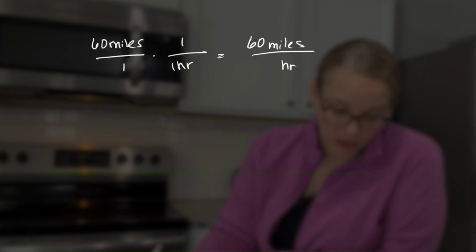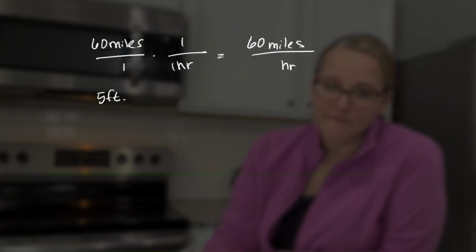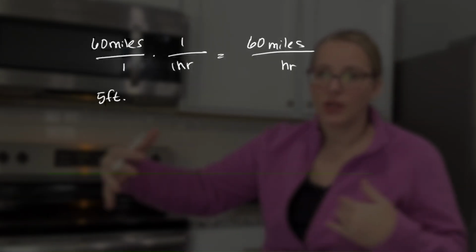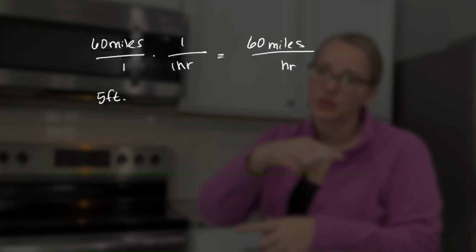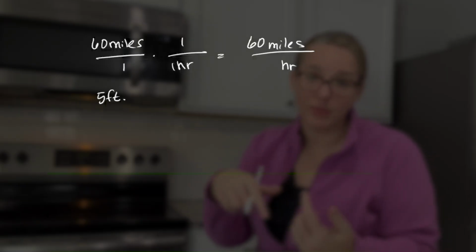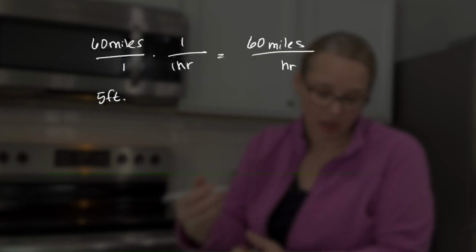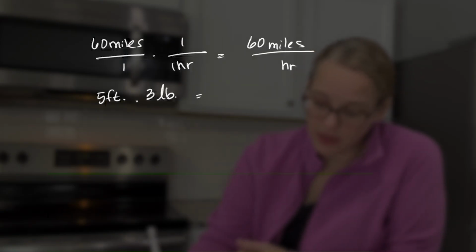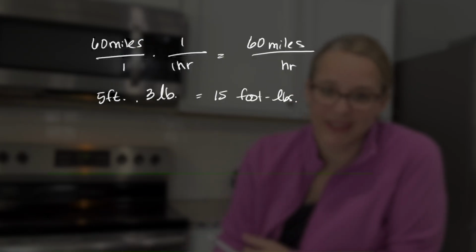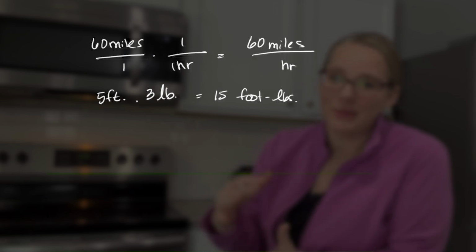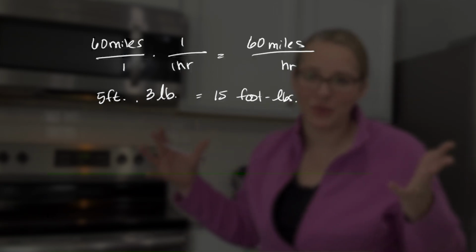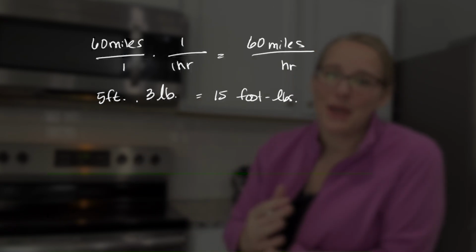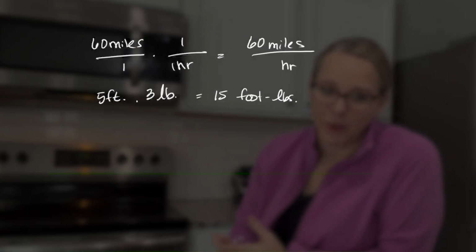Or if something was exerting a force, this is torque, so it's turning, across 5 meters or 5 feet of turning, and it's doing it with 3 pounds of force, you would actually end up with 15 foot-pounds. That's an actual measurement. So if you're multiplying and dividing, you can just keep whatever weird units you end up with, but in adding and subtracting, they have to be the same, okay?